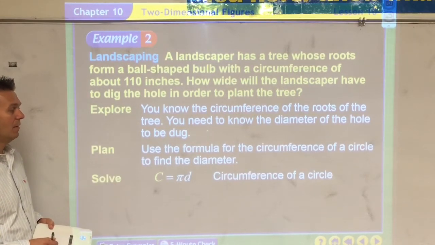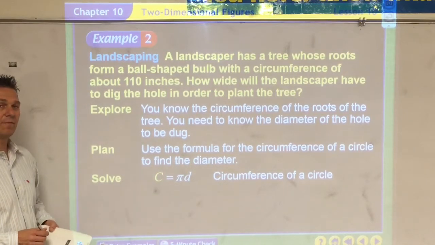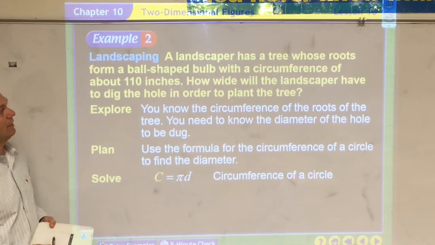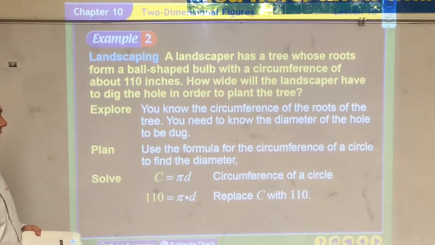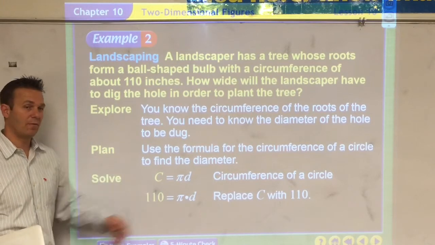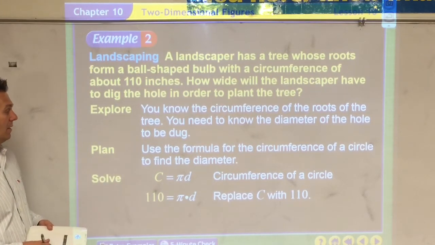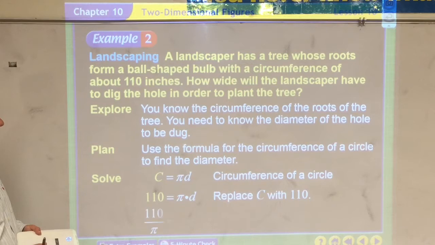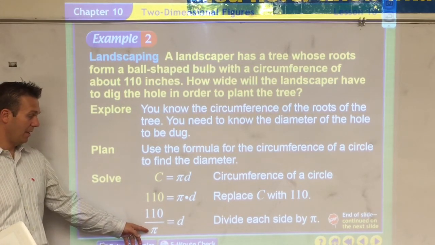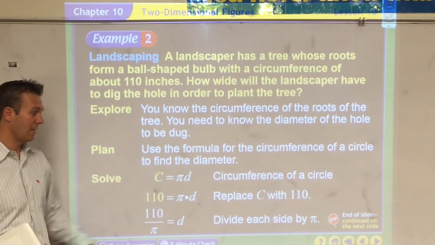So we continue on. We're going to use this formula, circumference equals pi d, but this time we're going to substitute in for C, and we're going to use 110. Pi is a number, d is what you're looking for. So what are you going to have to do? You're going to have to divide both sides by pi, and you get 110 divided by pi, and the pi cancel each other out.